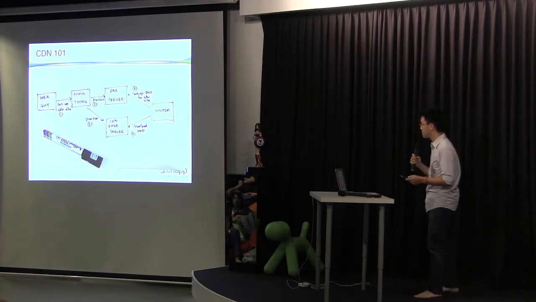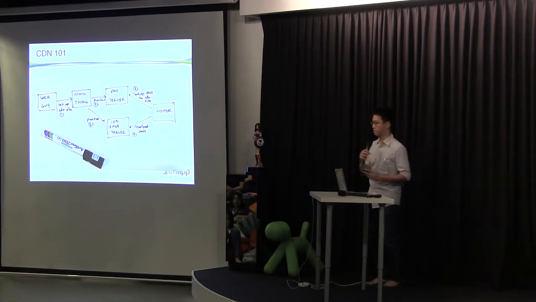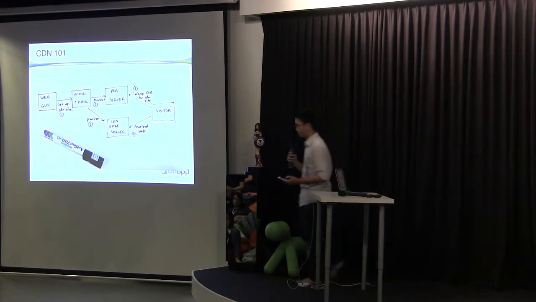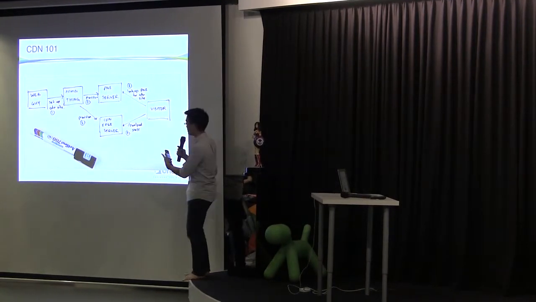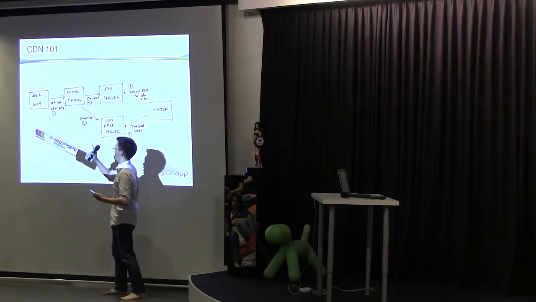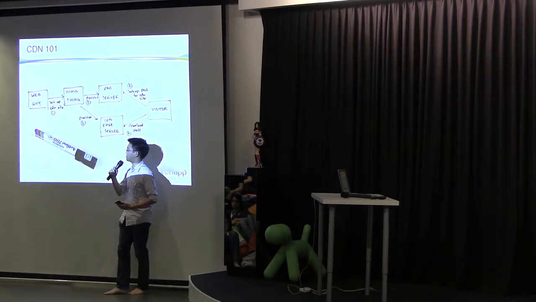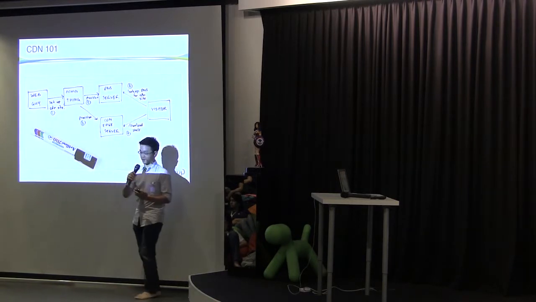I'm going to talk a bit about the basic concepts of a CDN. So let's say you're the web guy, and you set up your CDN site on your CDN provider's admin thing.